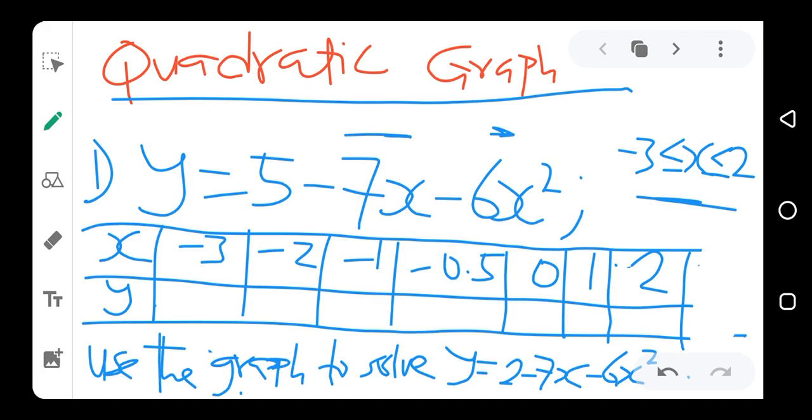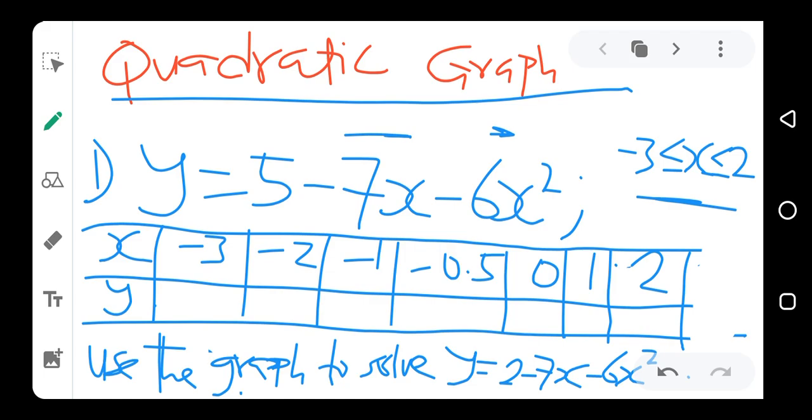Now, how do we solve this? For us to solve this, we first of all draw the graph for the first equation. In the previous lessons, we've learned how to create the table of values, so we can complete this table, as in we can get the values of y using what we learned from the previous lessons.